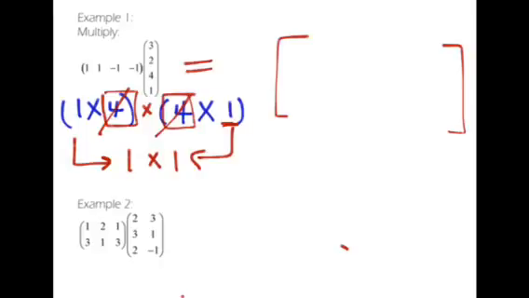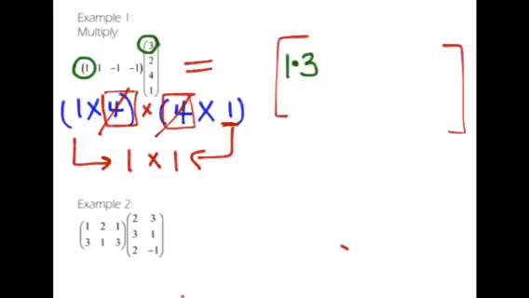So I like to think of it as some sort of odd type of distribution. I start with the number 1 that's here. So the first entry in my first matrix will get multiplied by the first entry in my second matrix. So I take 1 times 3.